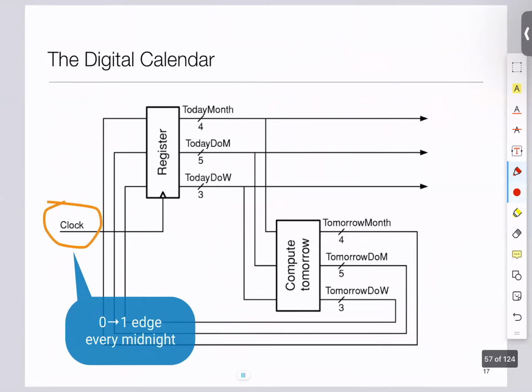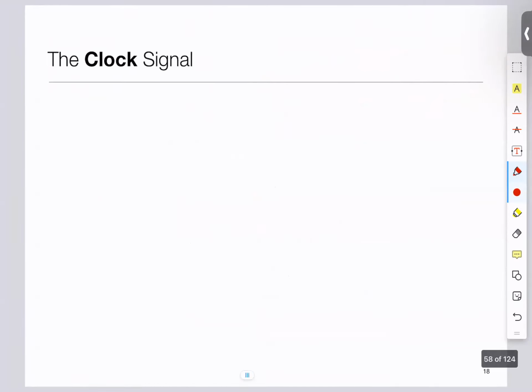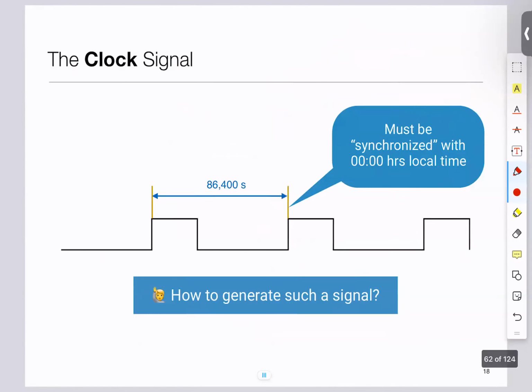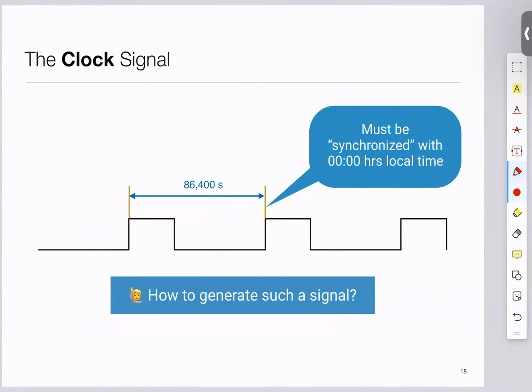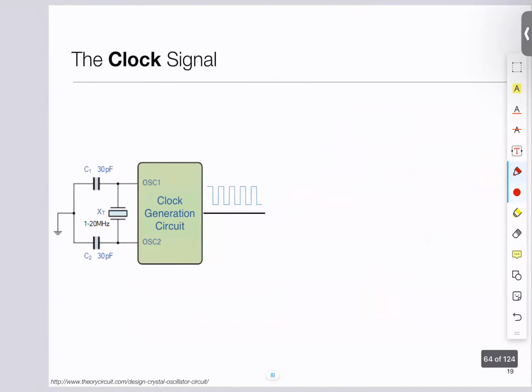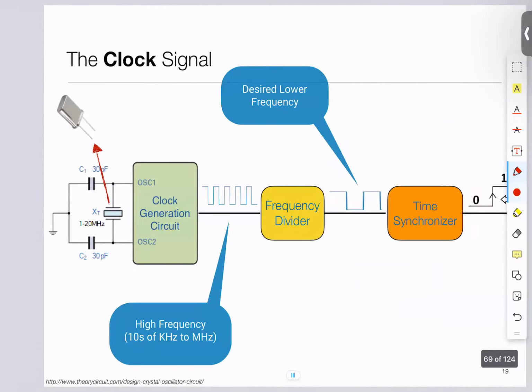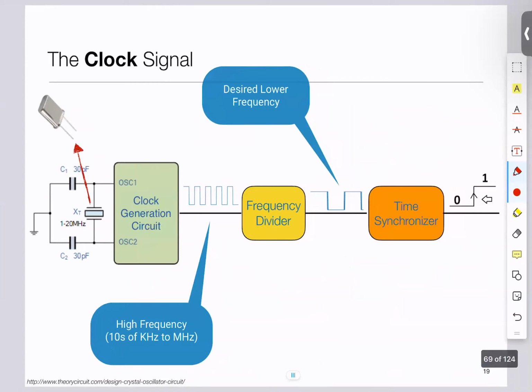Okay, so 0 to 1 edge every midnight. I guess I already talked about this, so I'm going to skip this stuff. But the clock signal itself, designing these, I'll just spend some time on the slide. So basically what happens in typical digital systems is that we have the quartz crystal oscillator. Usually it looks like something like this.